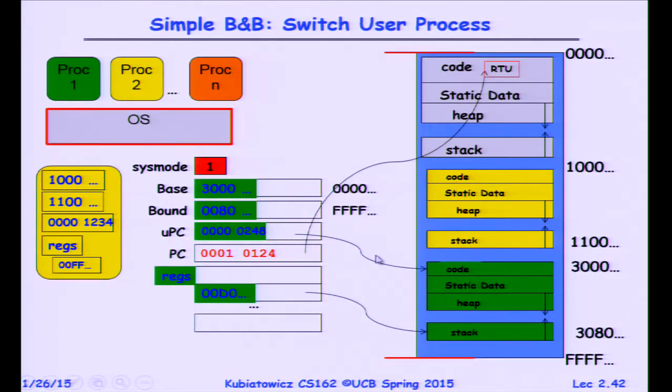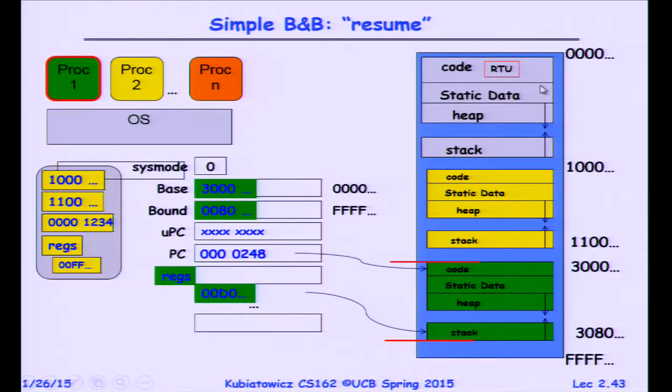And notice how now our PC is pointing somewhere in the green code. Our registers are the registers that were running the last time the green code was running. There's a new base and bound. And then we do a return from interrupt. Notice this is stored in the static data of the operating system. We do a return from interrupt, and poof, now we're running green. And we're doing so in a protected form. Okay?